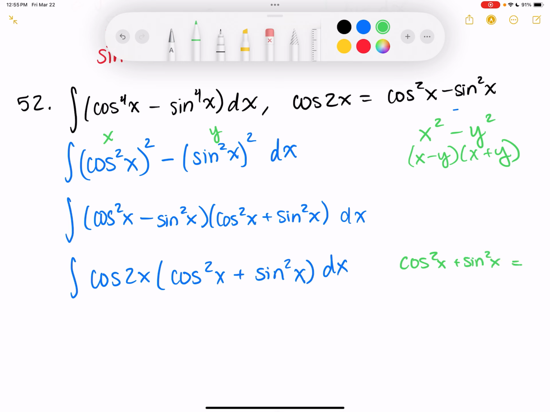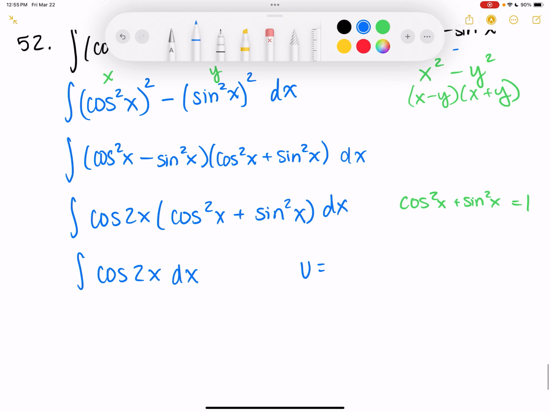So we have the integral of cosine 2x dx. So now, what is u? 2x. du is 2 dx, which means 1/2 du equals dx.